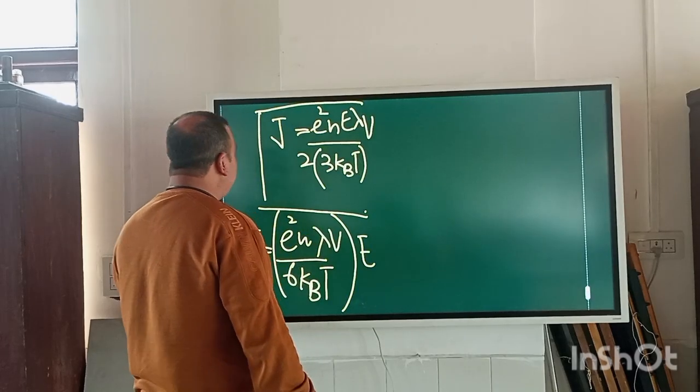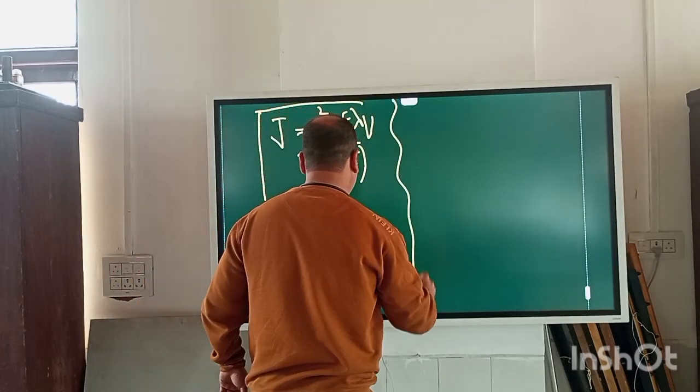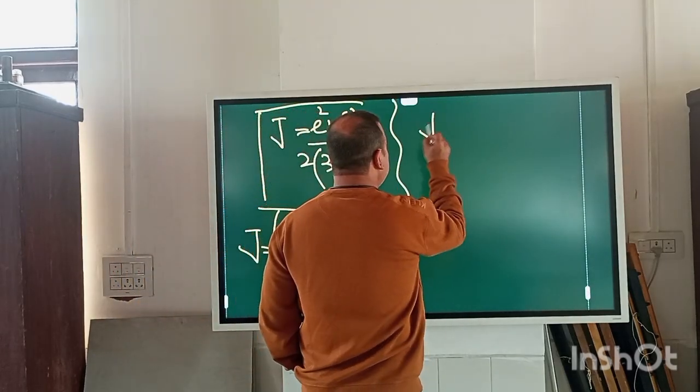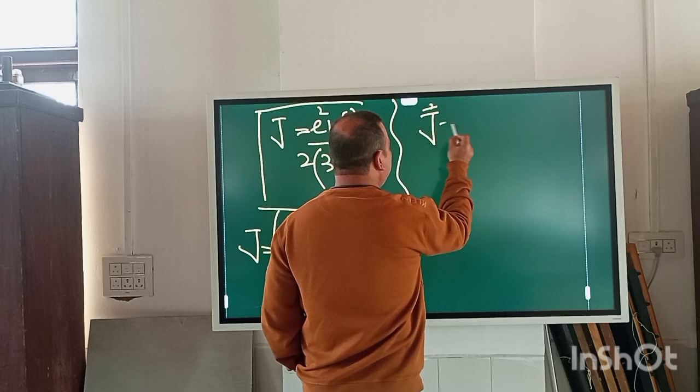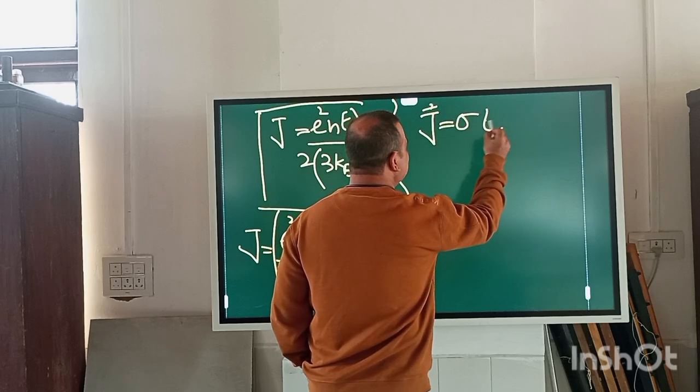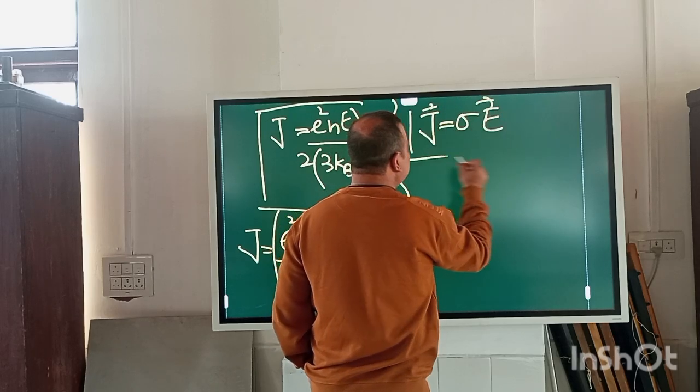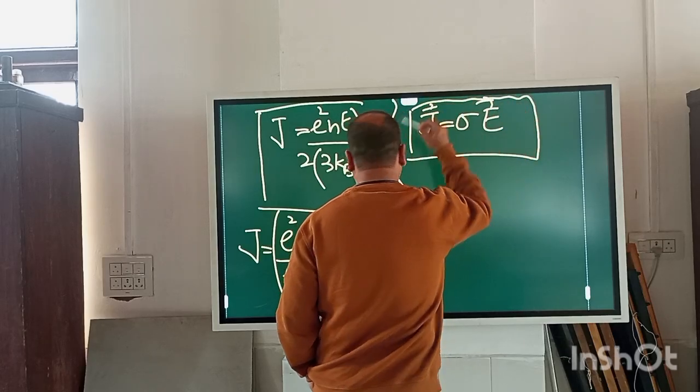So if I write in vector form, J is sigma E. And this is nothing but Ohm's law.